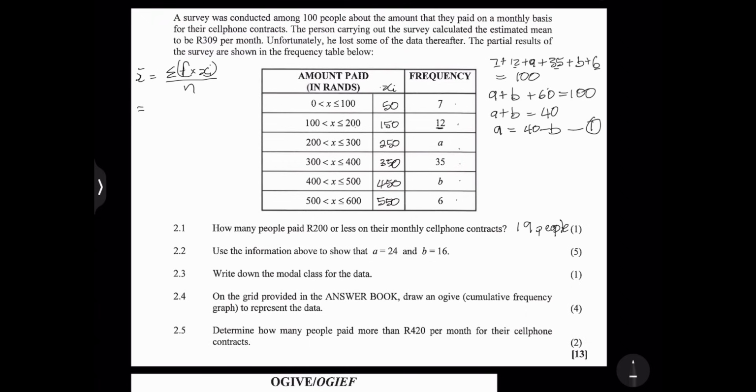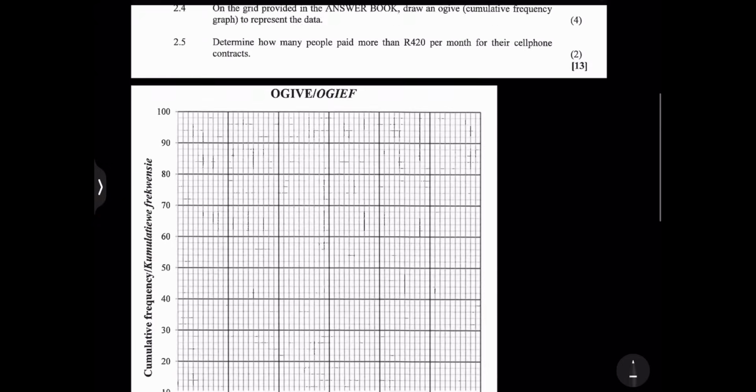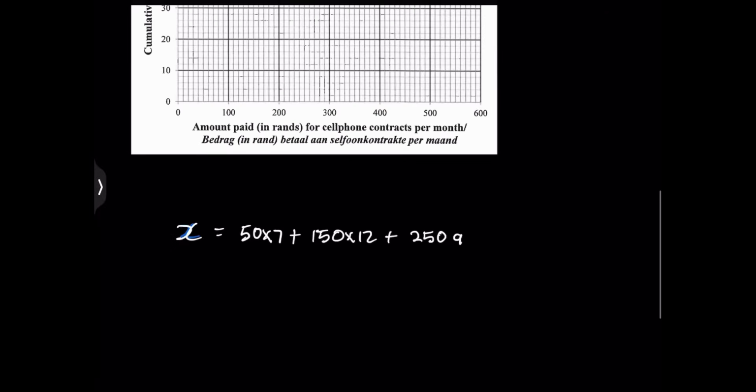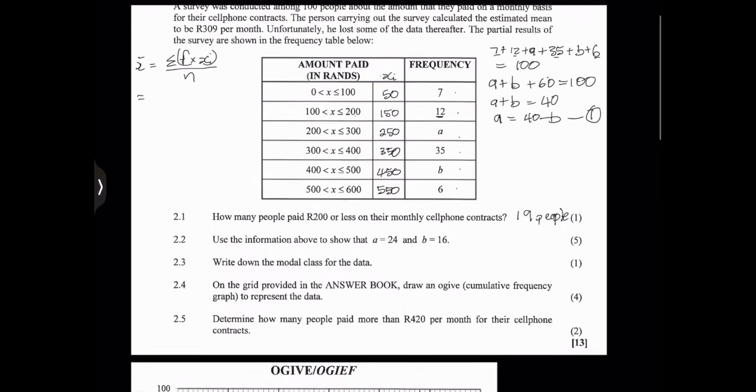So 150 times 12, plus 150 times 12, plus 250 multiplied by A, plus 350 times 35, plus 350 times 35, plus 450 times B, and the last one, because I couldn't fit it here, plus 550 multiplied by 6. I believe we got 6 there.